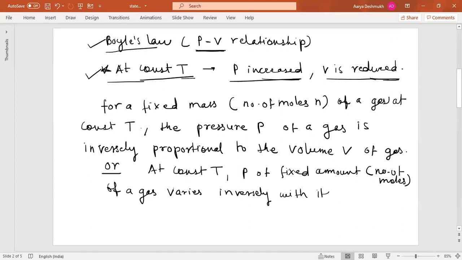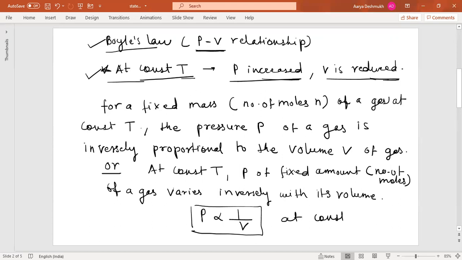One and the same thing. You can put it in two different ways. So it means that pressure is inversely proportional to volume. This is nothing but Boyle's law at constant temperature. You just remember this. There should be no confusion between Charles' law and Boyle's law. So this is about Boyle's law.